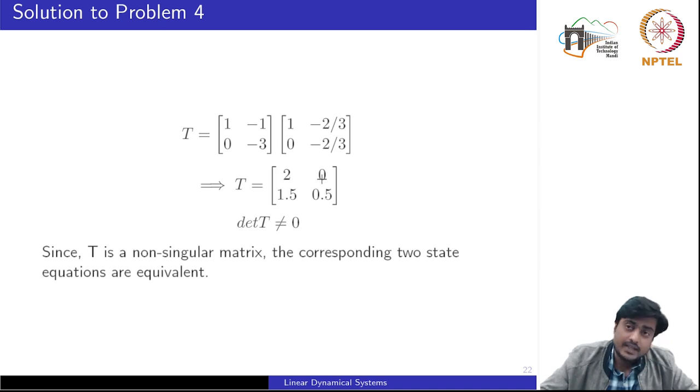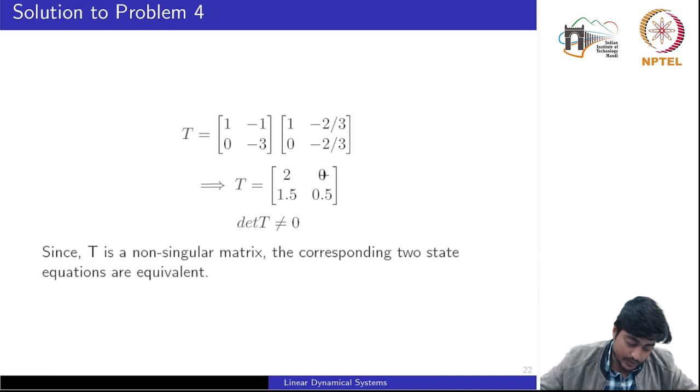So this was in fact the condition, that if there exist non-singular T matrices by which these two relations, first between the A bar and A, second between the B bar and B, are related, then those two pairs are equivalent.